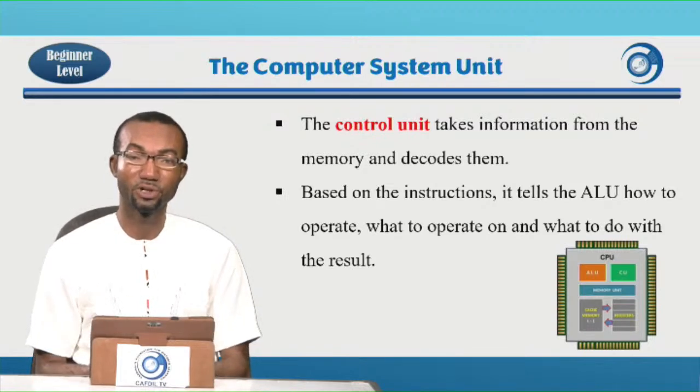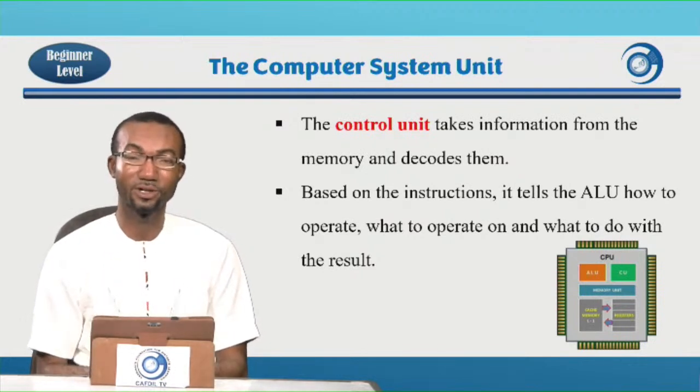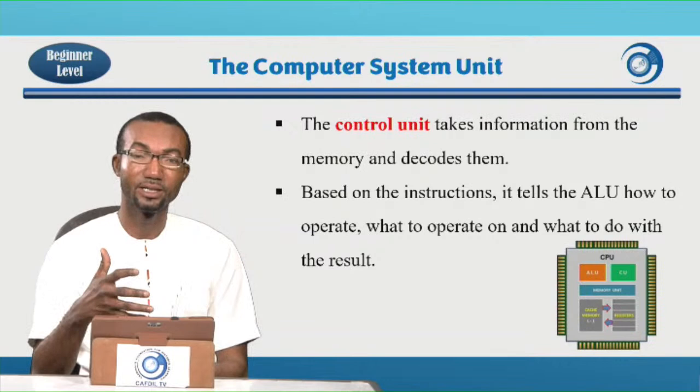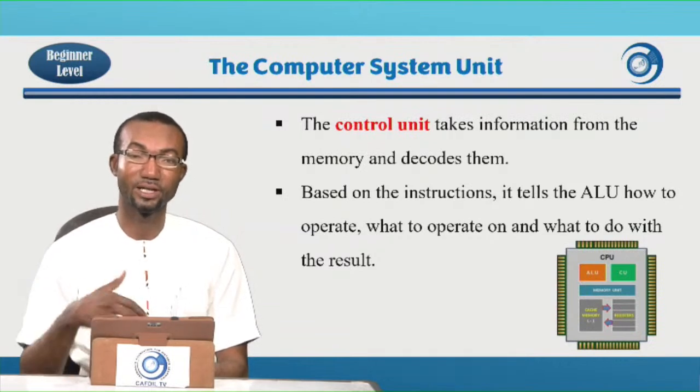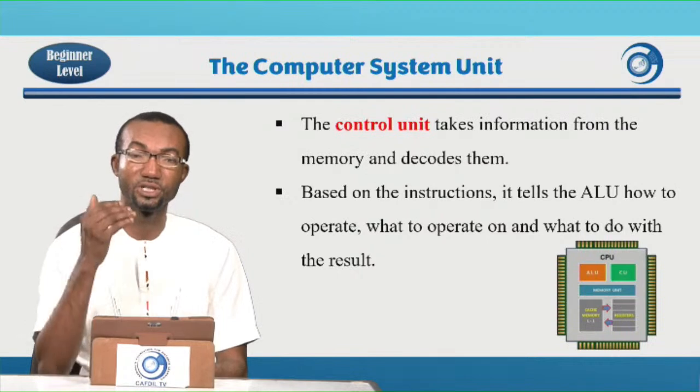We learned in our previous lesson that we understand the characters on our keyboard, but any data that we give to the computer, it converts into binary digits. So any information or data that is fed into the processor, the control unit will decode it.